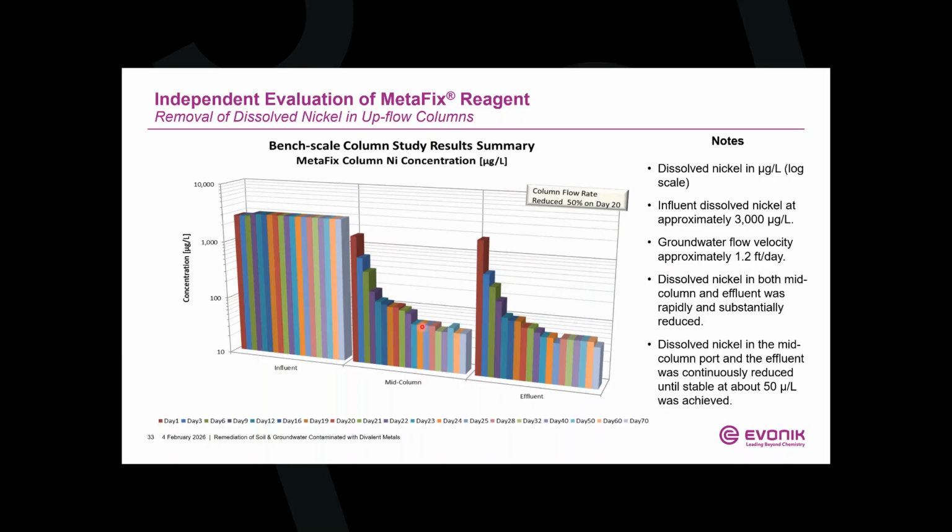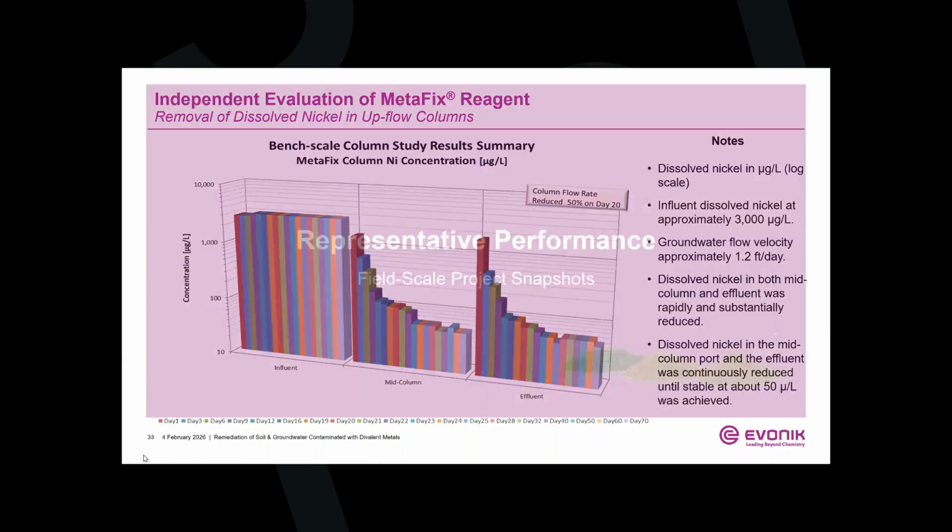That 3,000 ppb had been reduced to well under 100 ppb, and then went down to even less than 50 ppb, between 40 and 50 ppb. The same thing was true in the effluent, the outflow from these columns. So extremely good removal of dissolved nickel with the Metafix reagent in columns pumped at a flow rate of about 1.2 feet per day until day 50. After that, it was reduced to about half that. But almost complete removal of dissolved nickel with the Metafix reagent.